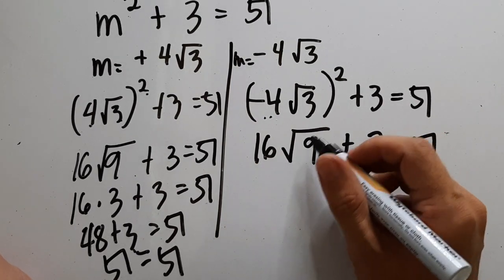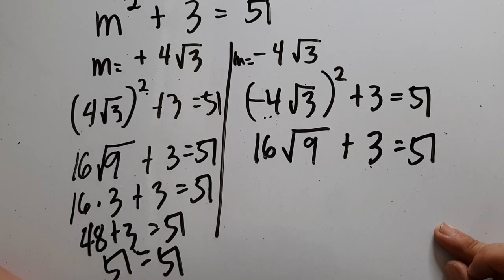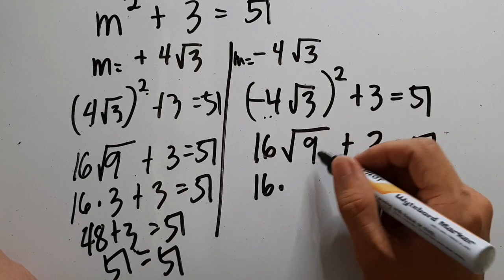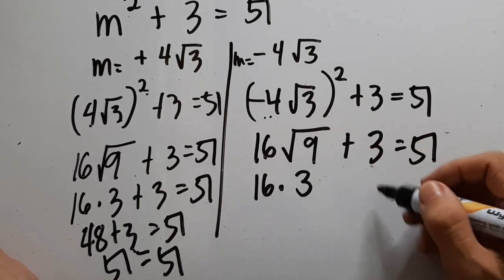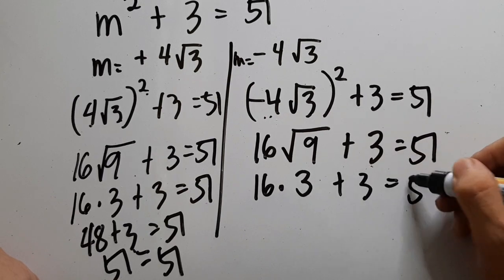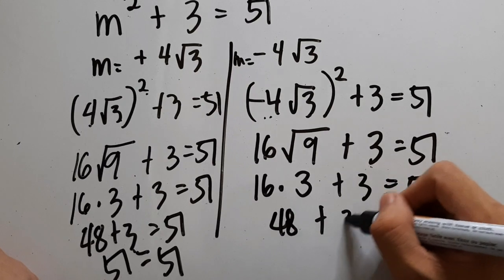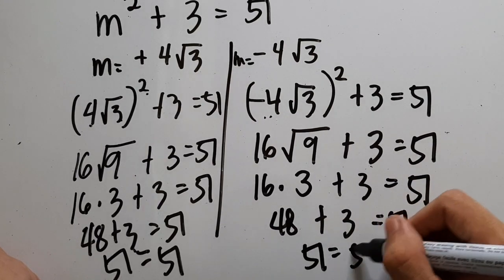So, square root of 9, meron siyang perfect square, kaya ilalabas mo siya. So, we have 16 times what is the square root of 9? Very good. It is positive 3 plus 3 equals 51. 16 times 3 is 48 plus 3 equals 51. 51 is equal to 51.